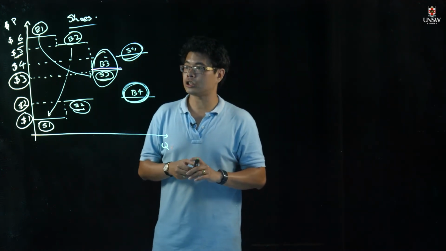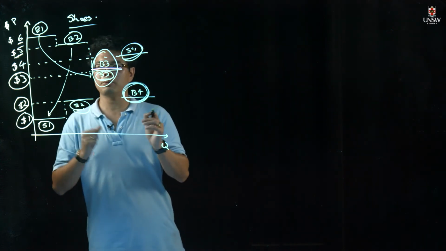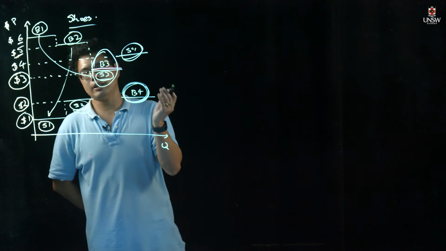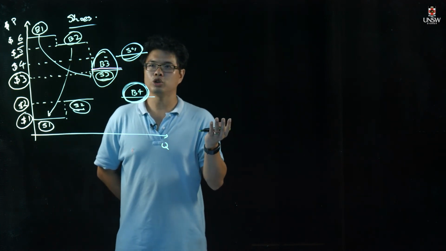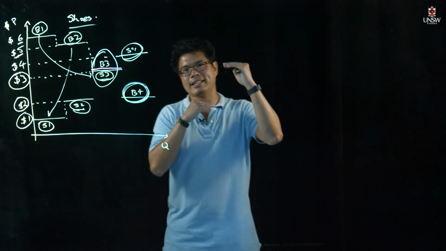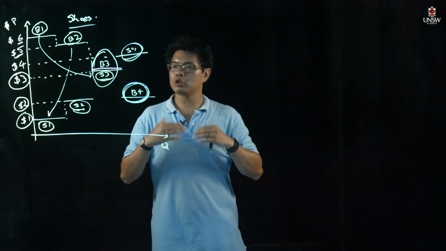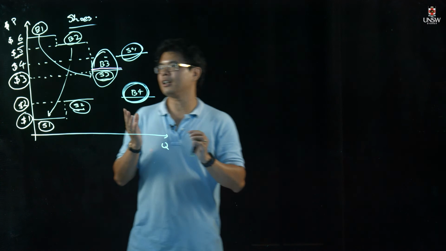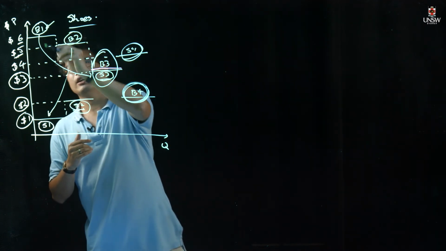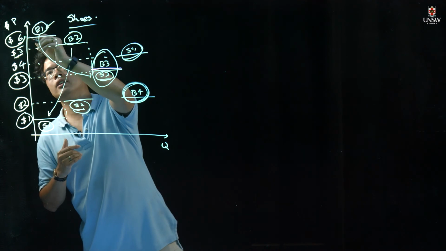The next thing to touch upon is consumer and producer surplus. So what is consumer surplus? Think about what surplus is. It's that excess. From the consumer's perspective, for buyer one, his willingness to pay is $6.